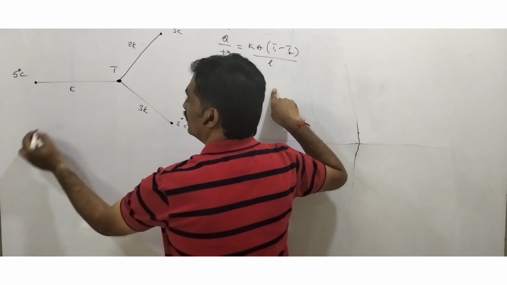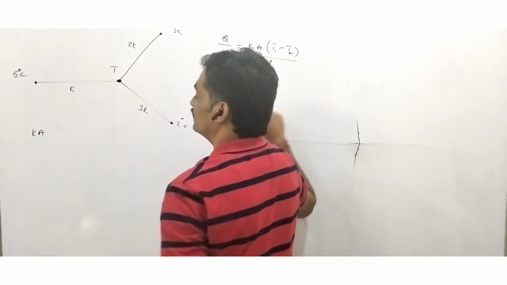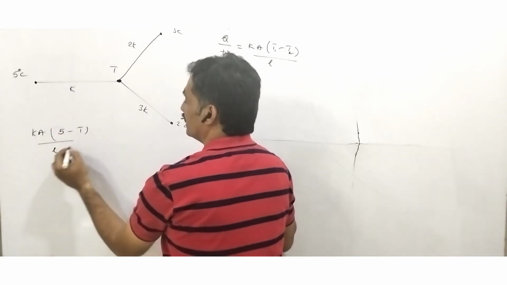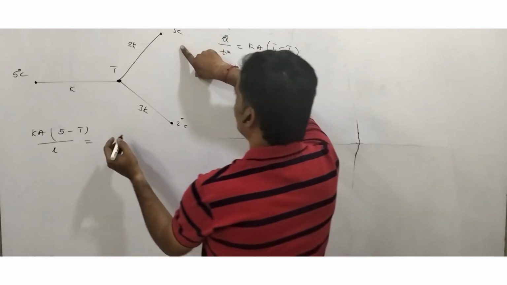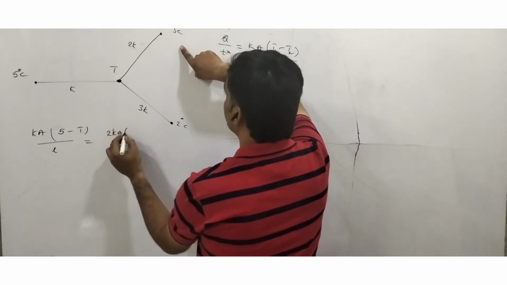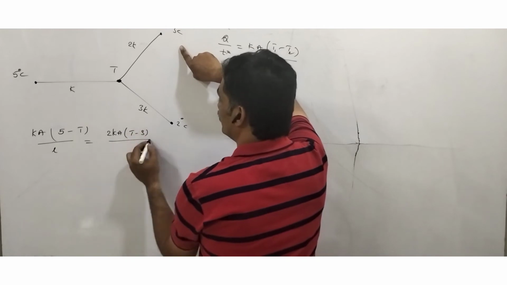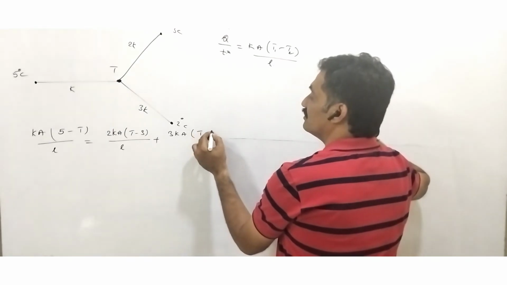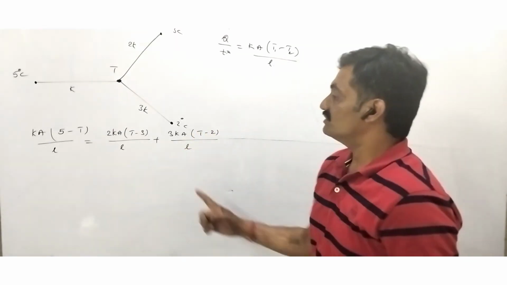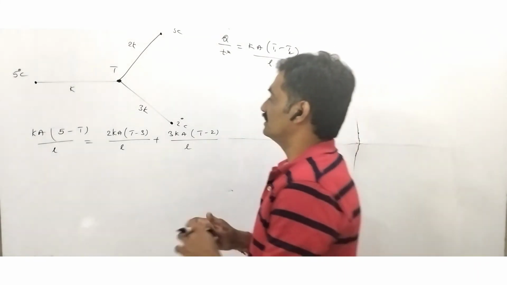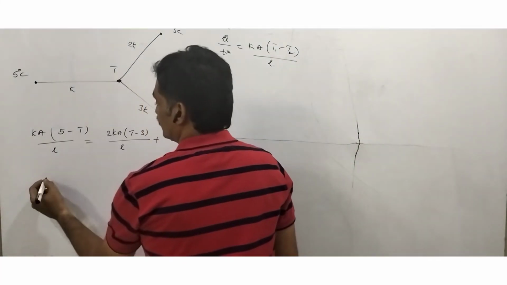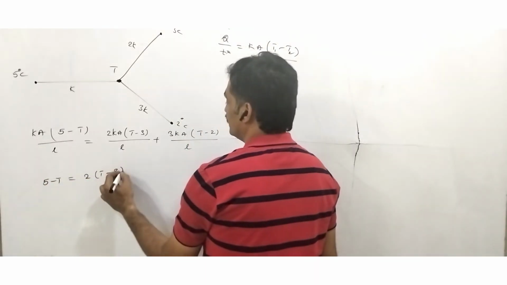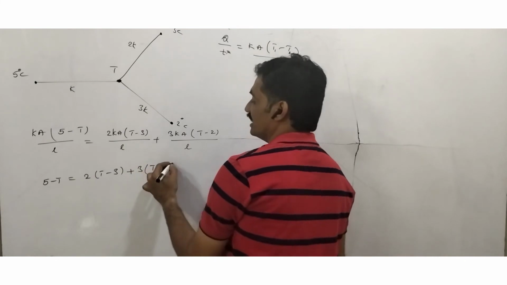So K into A into (5 minus T) by L is equal to 2KA into (T minus 3) by L plus 3KA into (T minus 2) by L. Observe that KA by L gets cancelled on both sides. So the remaining term is 5 minus T equals 2 into (T minus 3) plus 3 into (T minus 2).